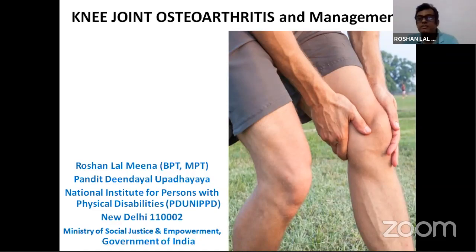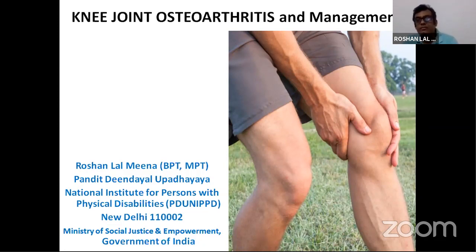Deformities in the knee joint like varus deformity, valgus deformity, anteversion of the femur, and rotations of the tibia or tibial torsions, all these deformities can be seen in the knee joint in patients with knee joint osteoarthritis.